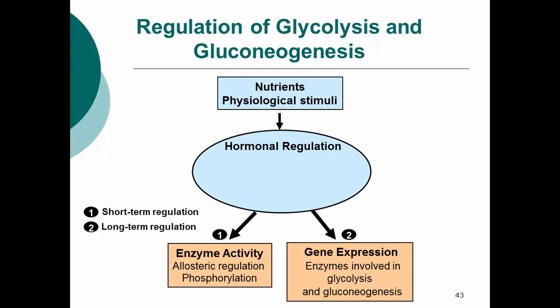Okay, so this just gives you an overview of how nutrient and hormonal regulation of the two different pathways of glucose metabolism works. So we know that nutrients, physiological stimuli can regulate hormone release. For example, blood glucose level, right?